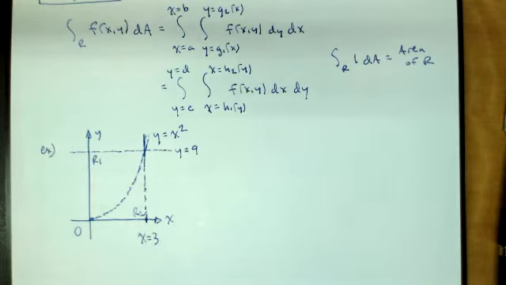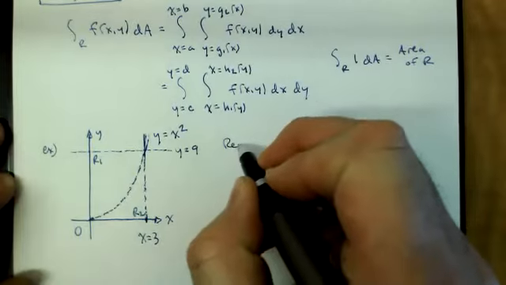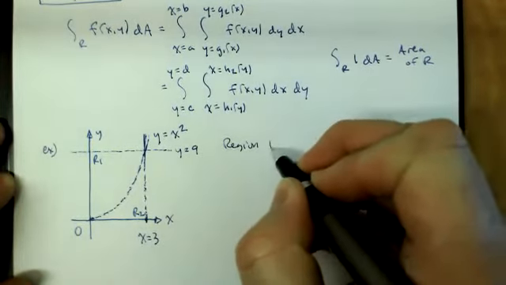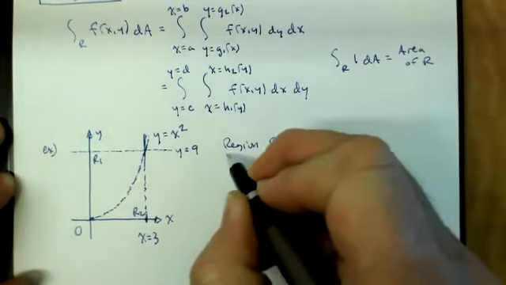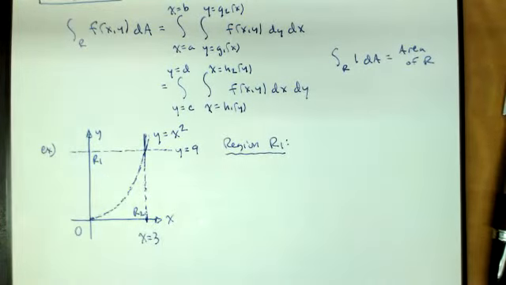Let's set up a double integral describing what's going on in R1. We need to do this as a dy dx and a dx dy. We're going to do both. We just have to pick one to start.